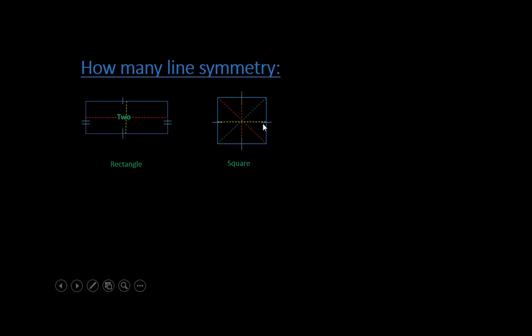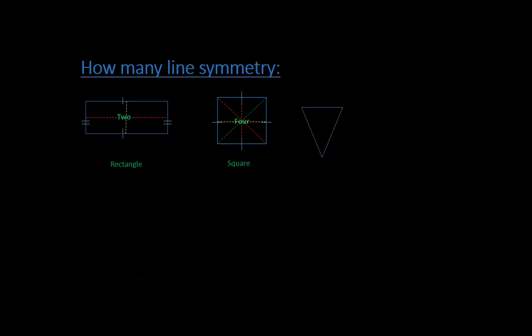That means this side is equal to this side, and the space above the green line is equal to this one also. In yellow, this space is also equal to this space. That means a square always has four lines of symmetry.